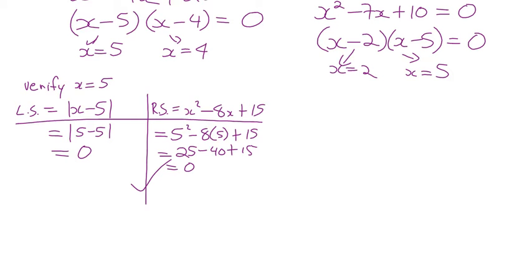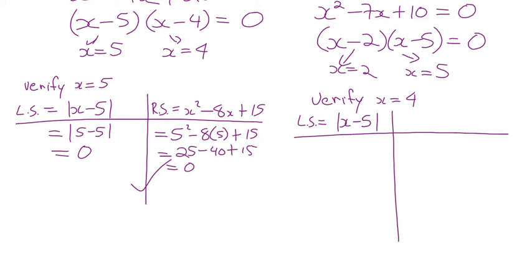Okay, let's verify x equals 4, which we expect probably won't check, but we're still going to show it. Don't worry, we'll give you plenty of time on this test to spend a minute or 2 minutes verifying. Just practice it now so that when it comes time to do it on the test, you won't be sitting there wondering how to verify.